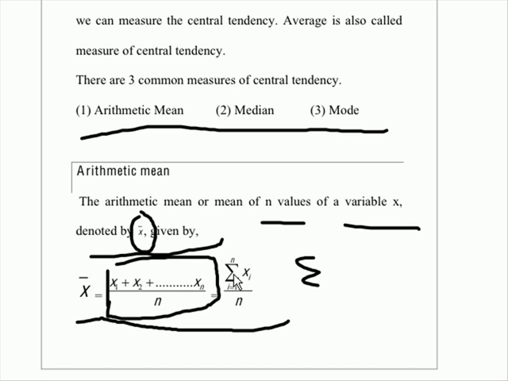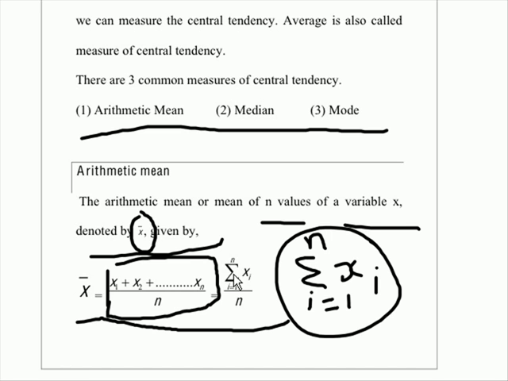This essentially is a sum of xi, where i equals 1 to n. Essentially what this translates into is x1, x2, all the way till xn, and divided by the total number.